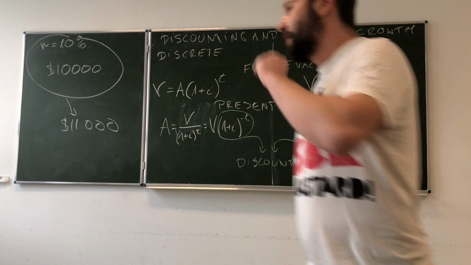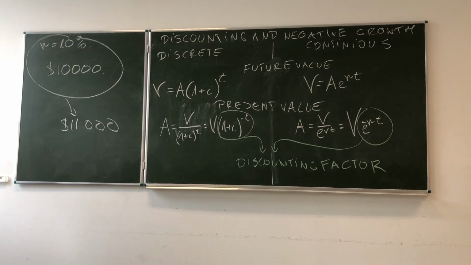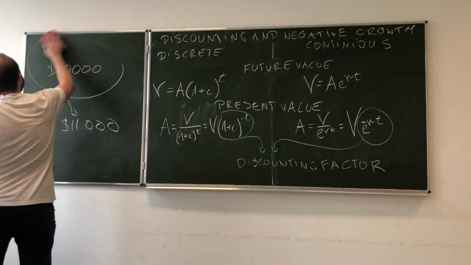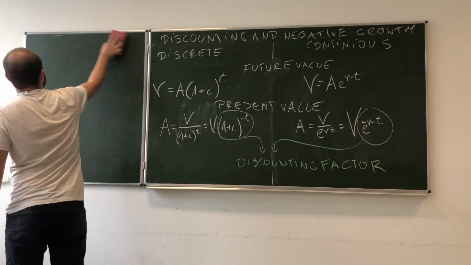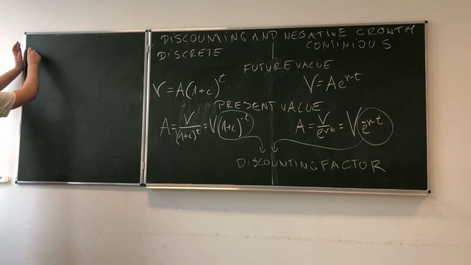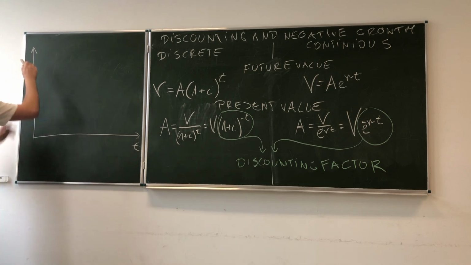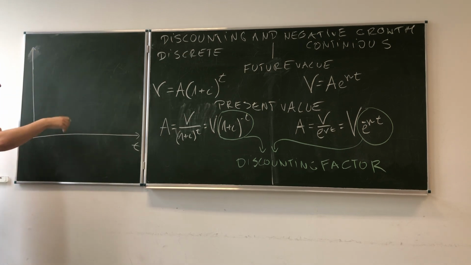Before we go back to what we already said about the economic interpretation of present value, let's see this on the graph. Again, I'm going to start with continuous time, and then I'm going to show you how it looks in discrete.